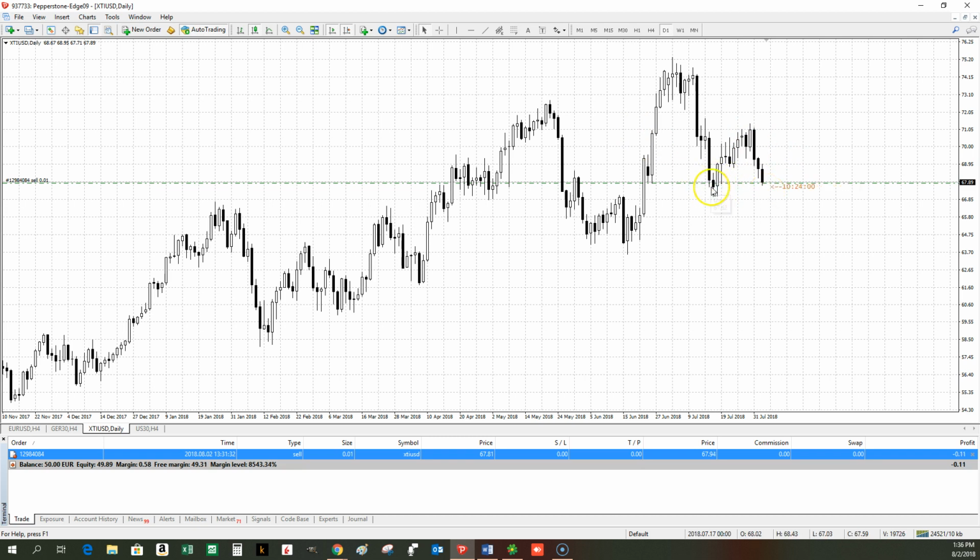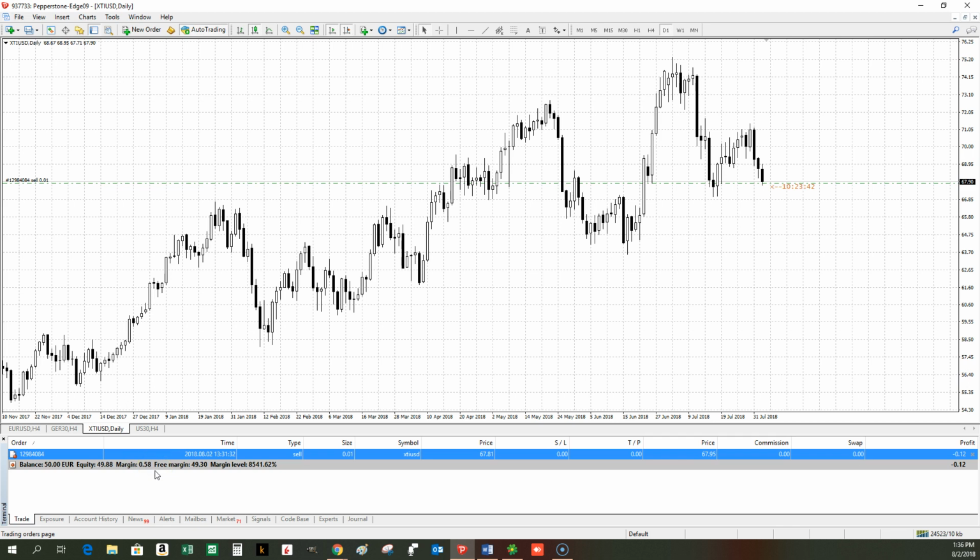Right now we are on support, so it's quite a little bit problematic, because probably it's going to rebound on the support, but it's very, very small. It's a very small position that I open, and you've got a margin of 0.58 cents of euro.